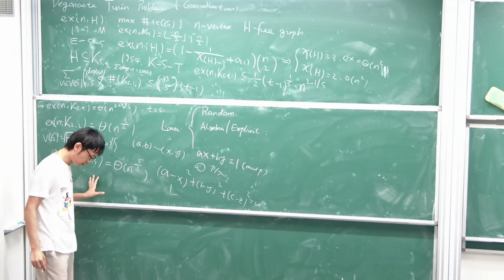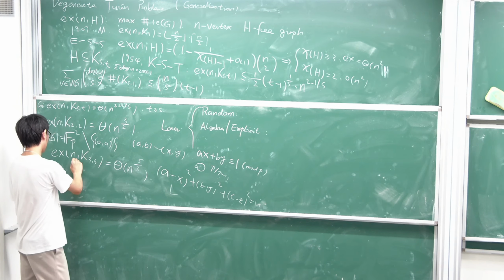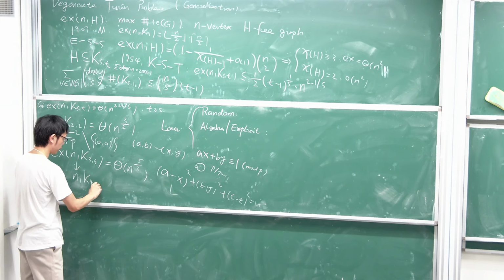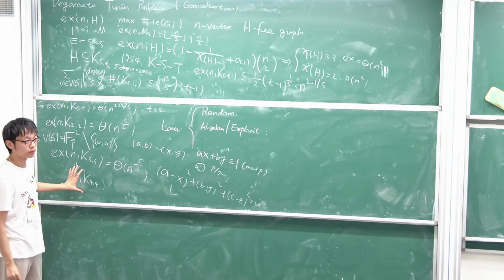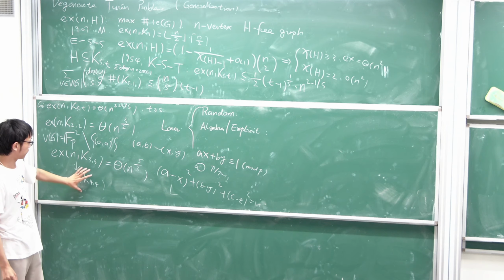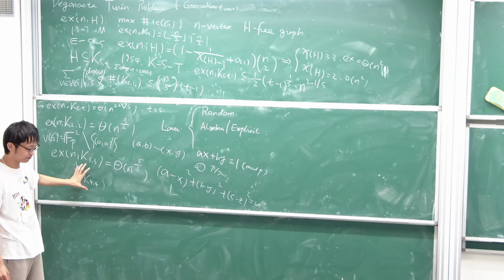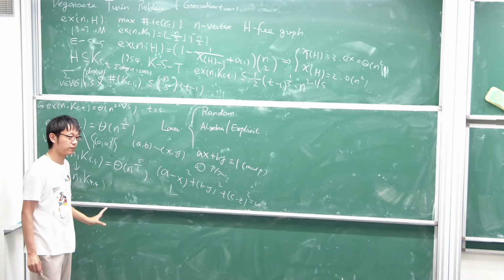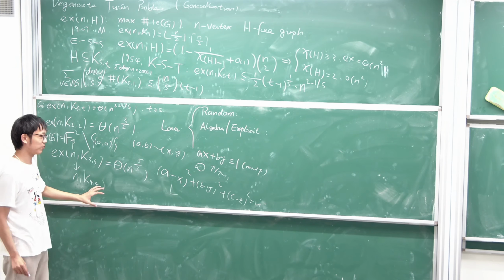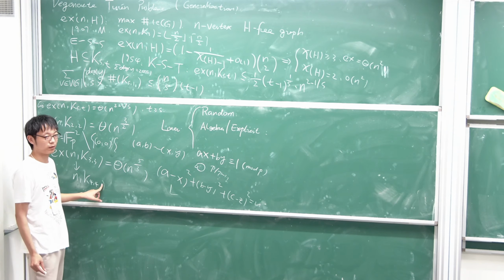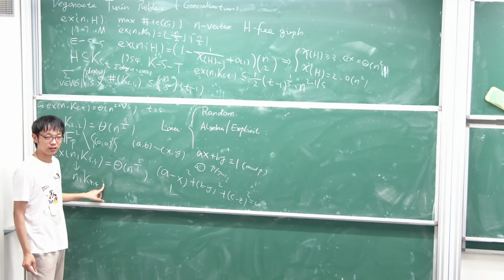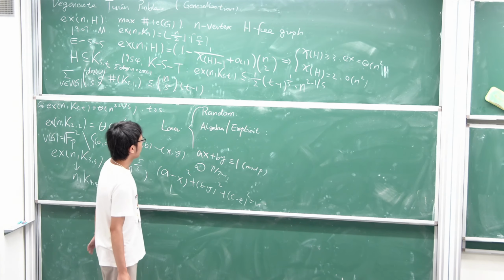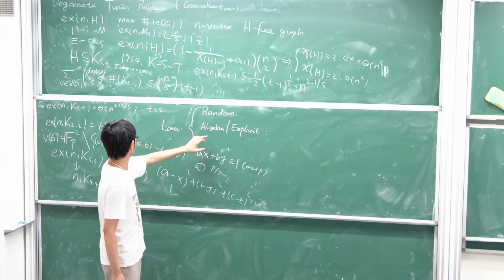But this construction cannot be directly generalized to K_{4,4}. The Turán number of K_{4,4} is one of the most challenging problems in this area, and nowadays many people conjecture that the bound is not tight, but no one knows.